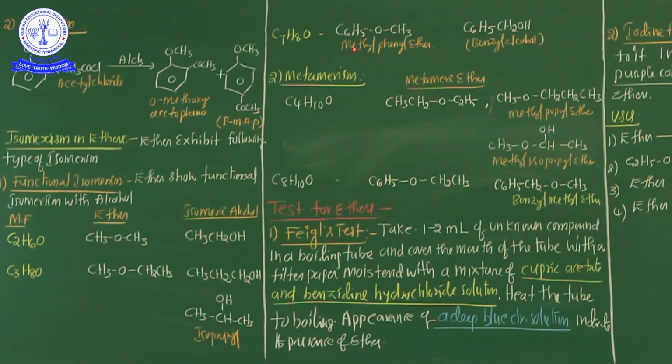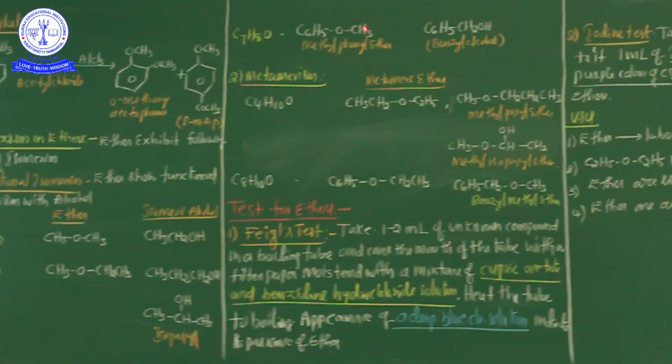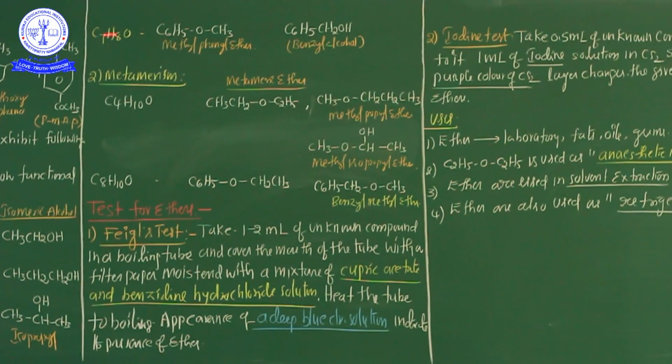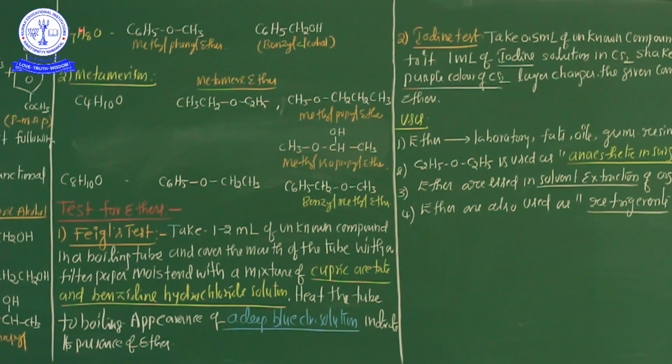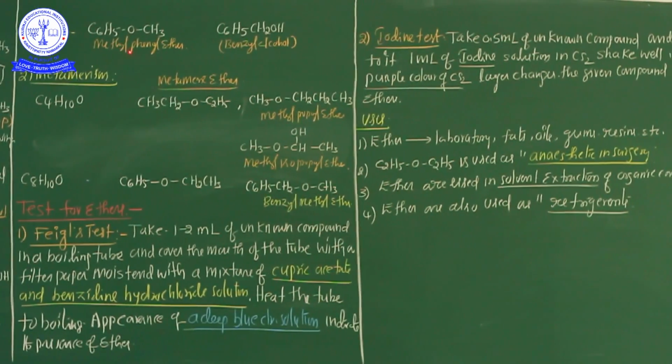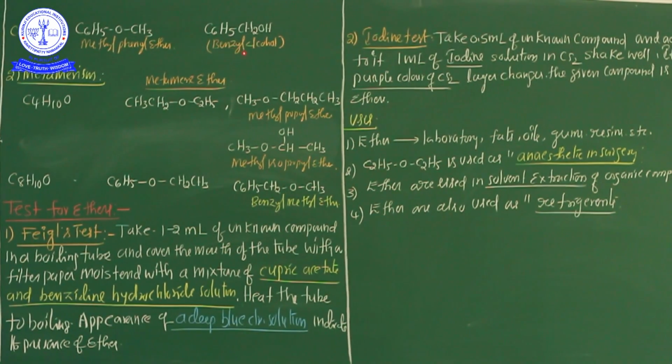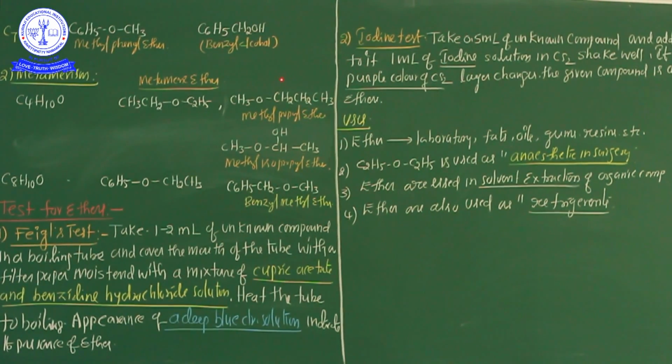One more example, C7H8O. Methyl phenyl ether is the ether structure, and one more structure is there: benzyl alcohol, C6H5CH2OH, from the alcohol point of view.